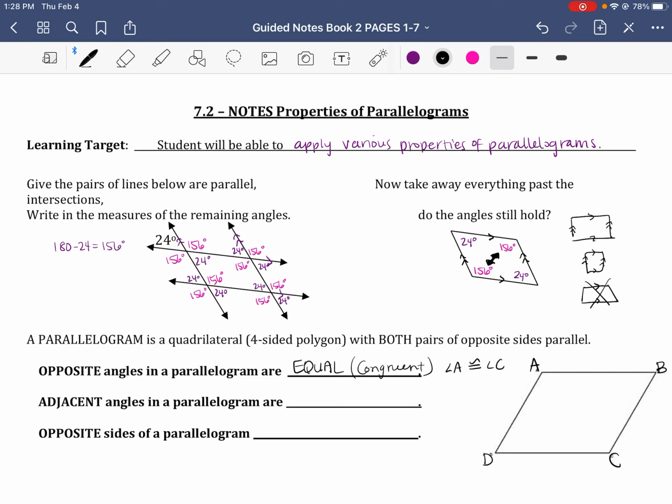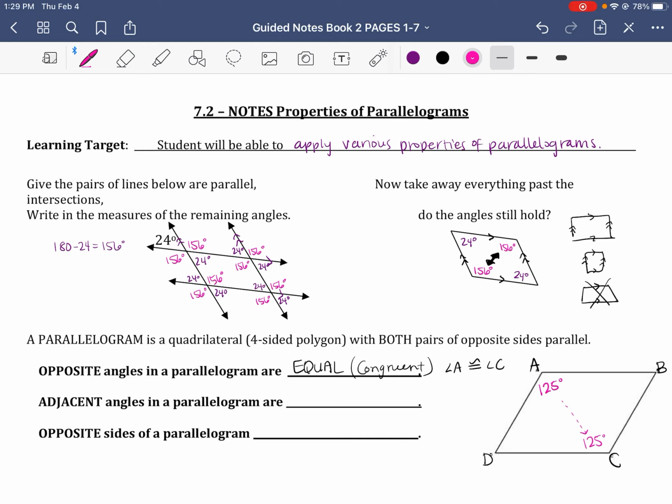That means congruent. Okay, that means those two would be equal. So again, if I was given, say, angle A was 125 degrees, then I would know that this one over here is also 125 degrees. Those have to be the same.